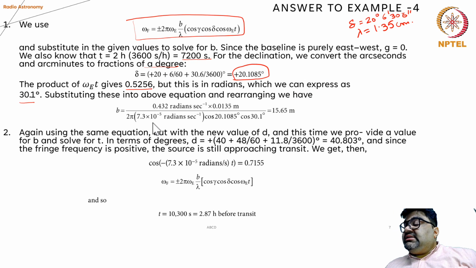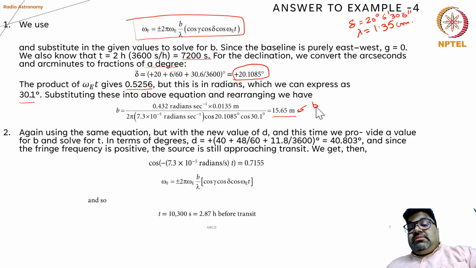You know how many seconds have elapsed, so you can put that in. So if you put all the values together, you finally get the baseline length as 15.65 meters. So that's how you derive the baseline length.